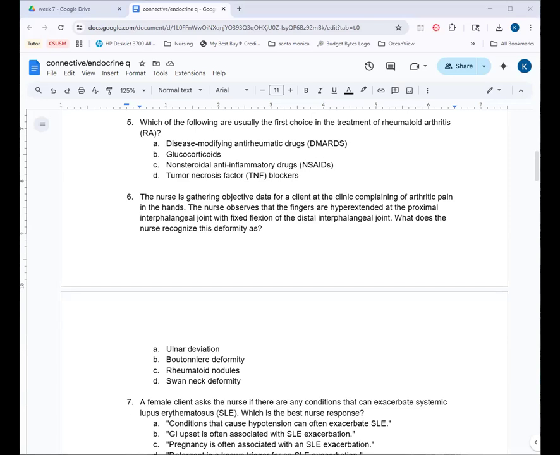All right, number 5, which of the following are usually first choice in treatment of RA? All right, anyone else for number 5?